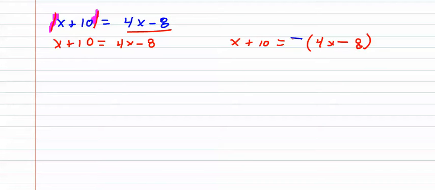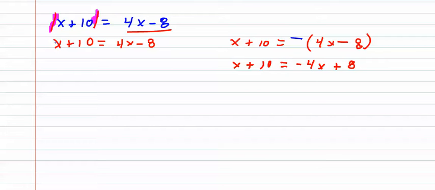We use the parentheses so we distribute that negative. What happens here is we get negative 4x and a positive 8. And we solve these two equations. The difference here, besides having to distribute this negative, is we will have to check our answers.